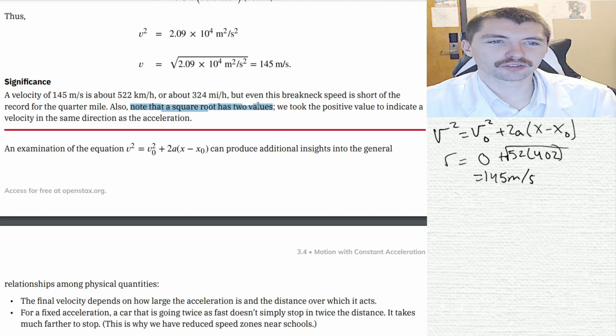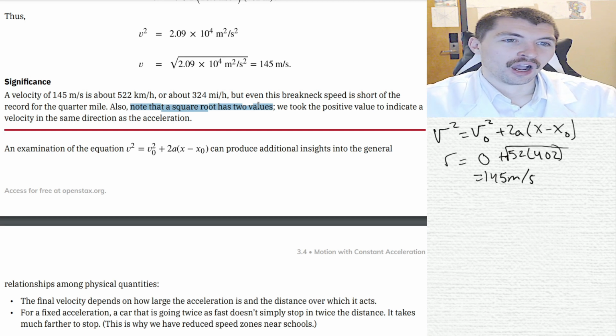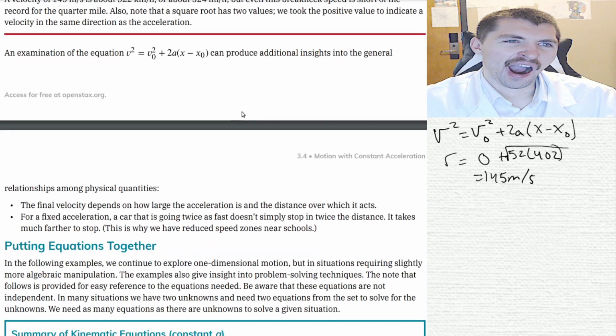You could just say, well, the square root of 144 is 12 or negative 12. I don't know, maybe my teacher was a little too old. I don't know.